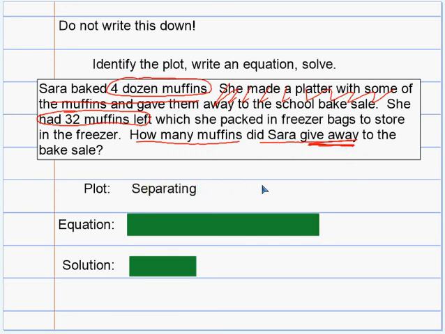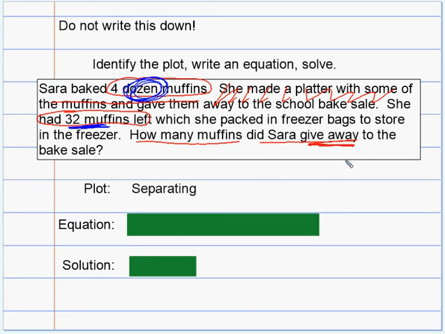We have some, we gave some away, we have some left. But notice that the units are different. This says 4 dozen muffins, and this is individual muffins. So the units are going to need to match before we do anything with it.